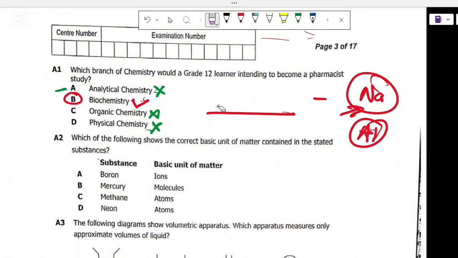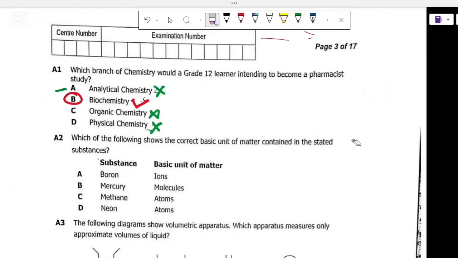When we are studying, for example, the particulate nature of matter, the elements, sodium, calcium, what we are studying is inorganic chemistry. But when we are studying compounds that contain carbon, hydrogen, oxygen, sulfur, and nitrogen, then we are essentially studying organic chemistry. So make sure you understand the differences here.